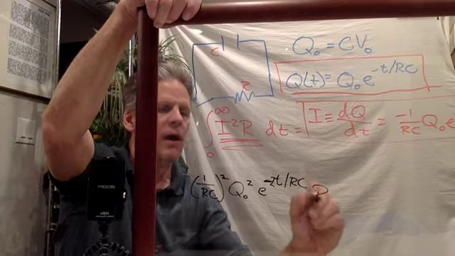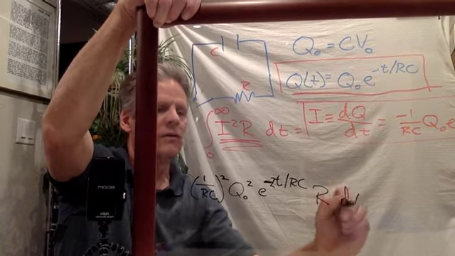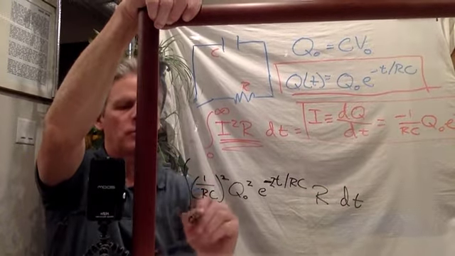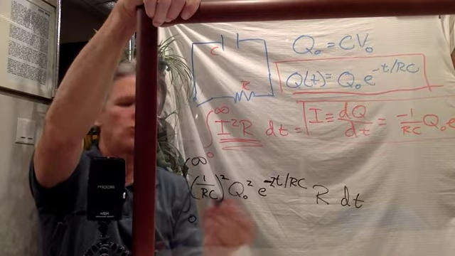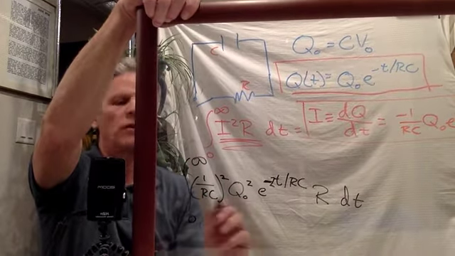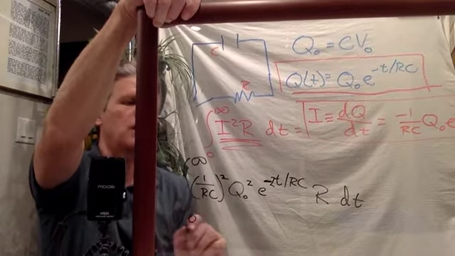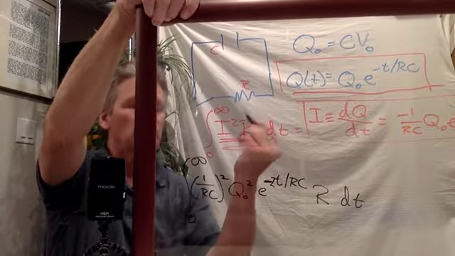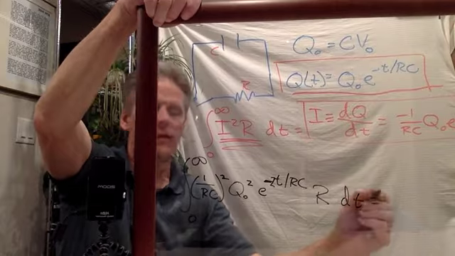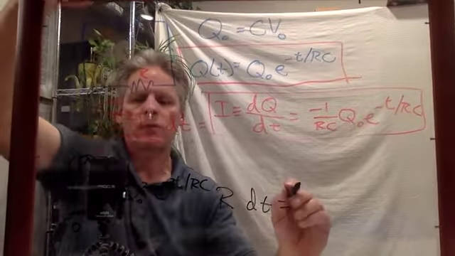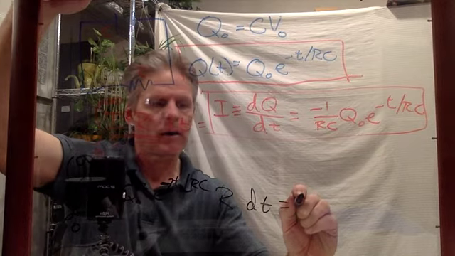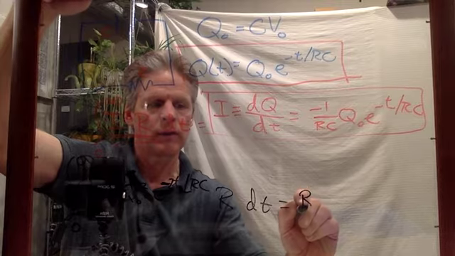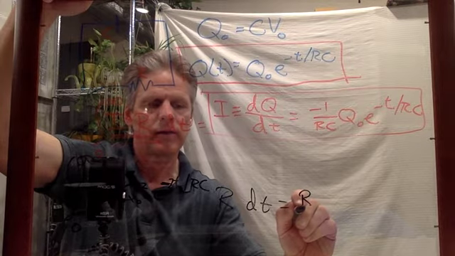We're going to multiply this by R, and now I'm going to take the time integral of this whole thing from 0 to infinity. And let's just pull out those things that we know do not change. We know Q0 is a constant, R and C are constants, so I can pull all that out. So the only thing left under this is, let's see, I think I will do it like this for now.